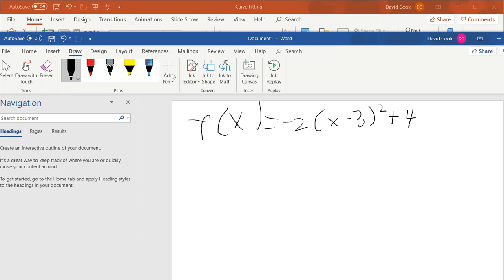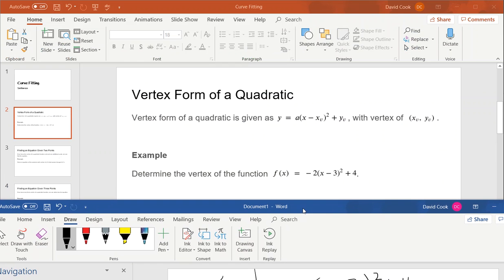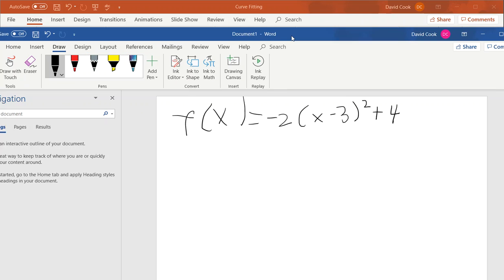Okay, that's looking a little bit better. And they want me to determine the vertex of the function.